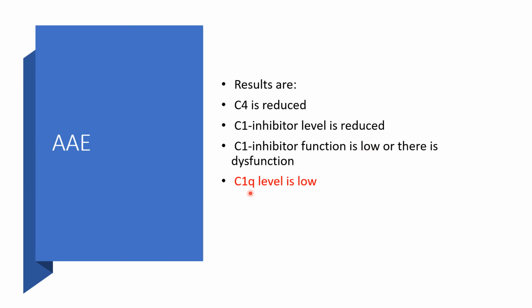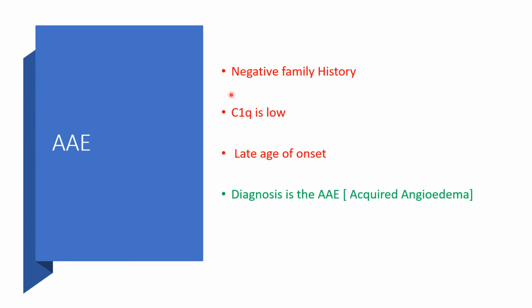And C1q level will be low. Remember, it will be normal in hereditary angioedema types 1, 2, and 3. In acquired, C1q level will be low. There will be no positive family history here, negative family history.